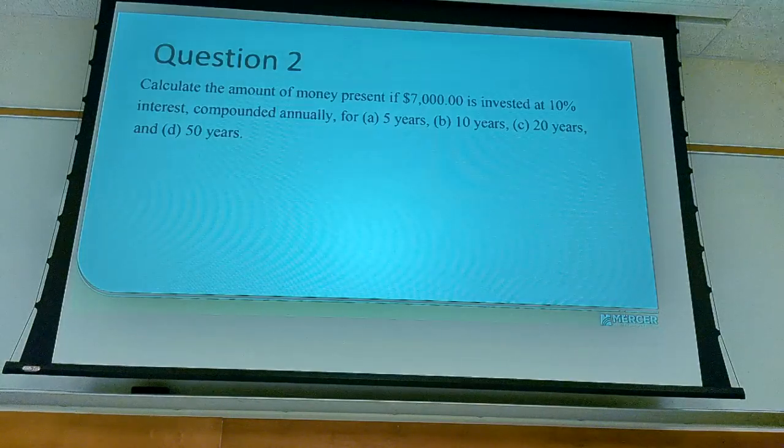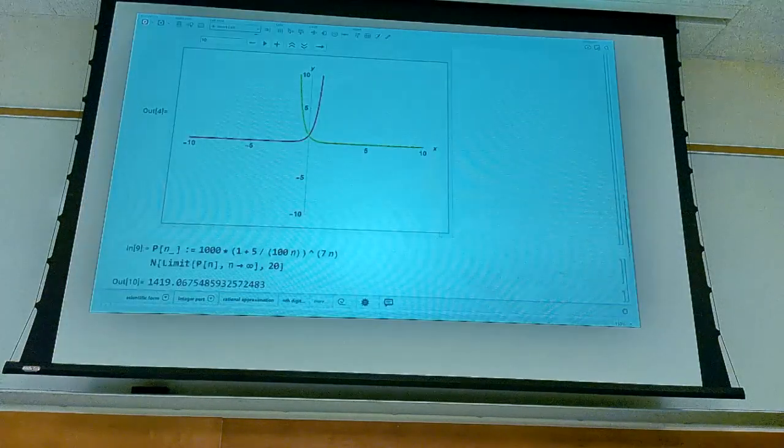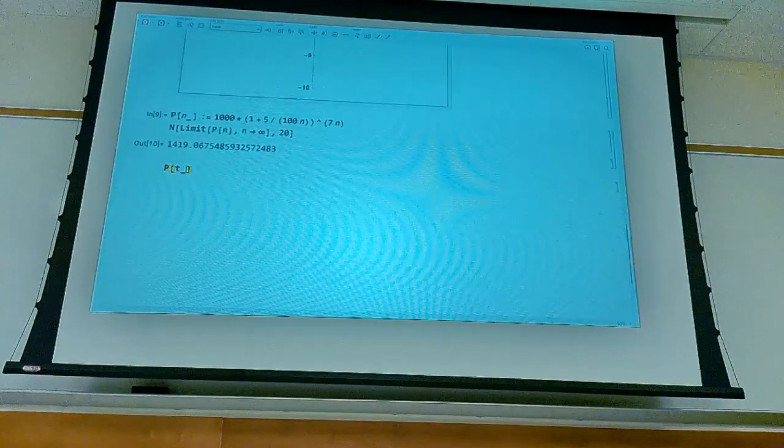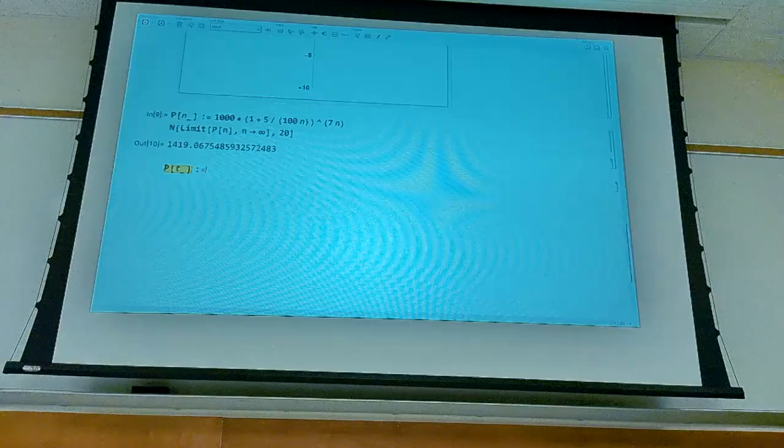And here I'm not going to write everything out. I'm just going to create a table in Mathematica for it. It's just easier. So I'm going to redefine my P function. Initial investment of $7,000 times 1.10 raised to the t power, right?